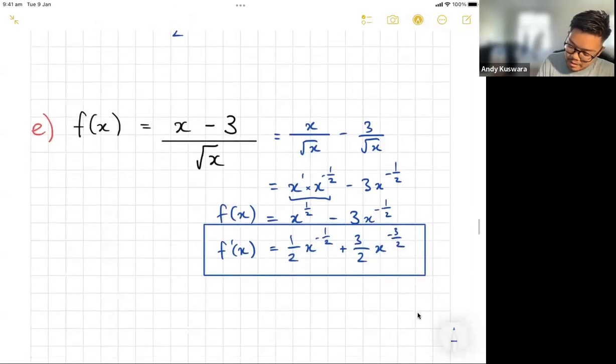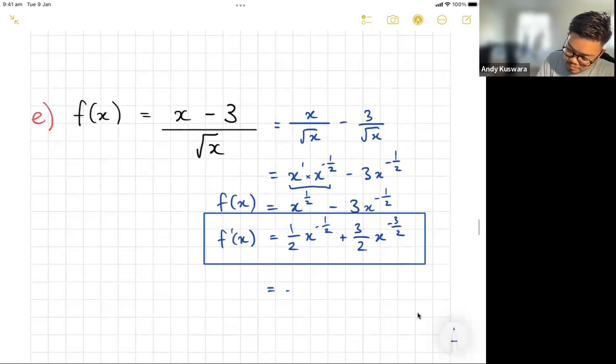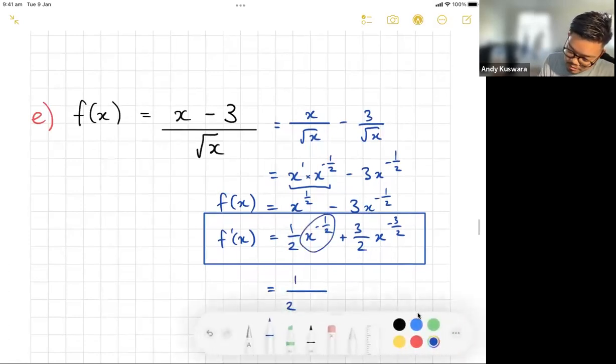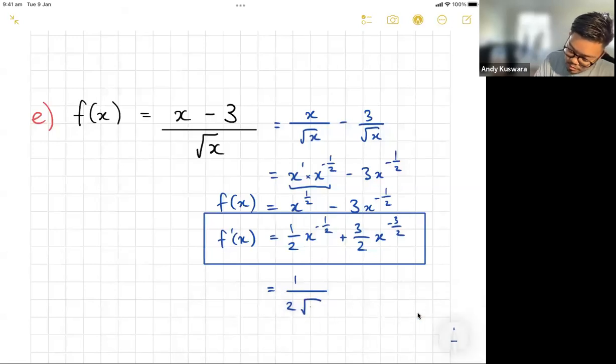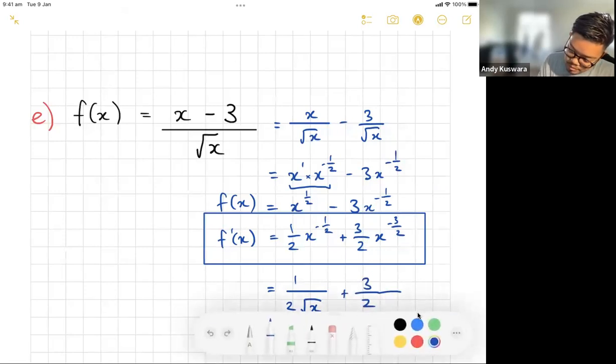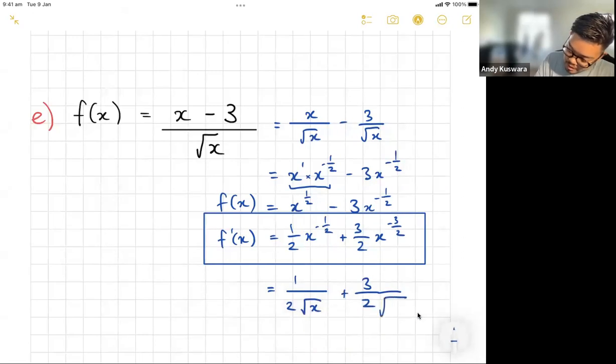Writing it in a nicer form, I'm going to write this as 1 over 2 square root of x, with the square root on the bottom of my fraction, plus 3 on 2. Because that x is to the negative 3 on 2, I'll have x to the power of 3, square rooted, and the negative puts it on the denominator as well.